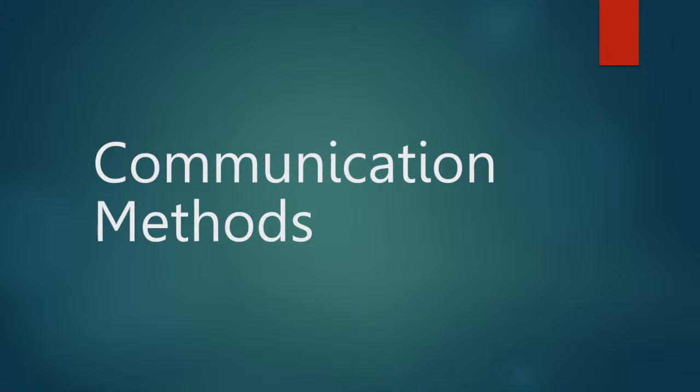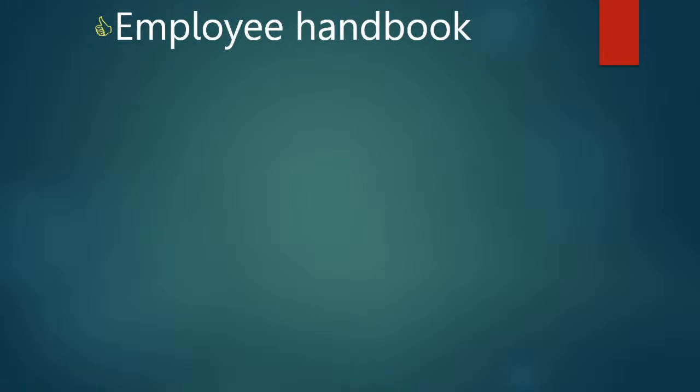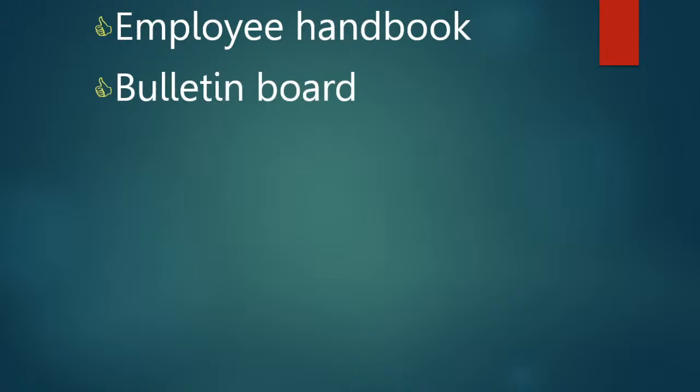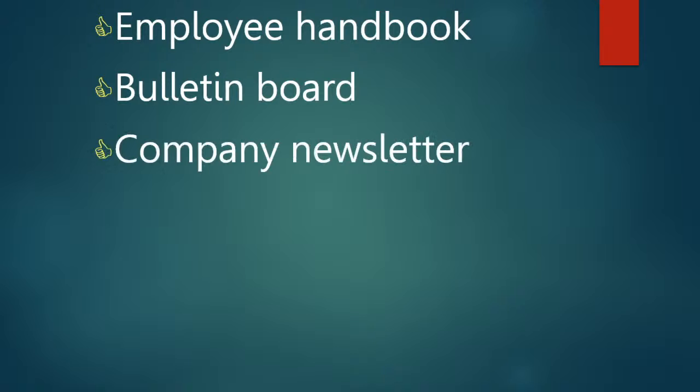So let's summarize all of this discussion, and that is what sort of communication methods can be used to communicate all this sort of information. We can use the employee handbooks, as I just explained, employee handbook is a very important source of communication to the employees about the different HRM related matters.